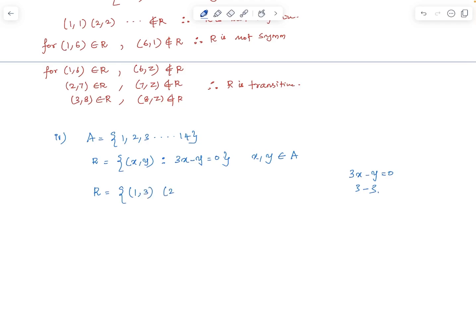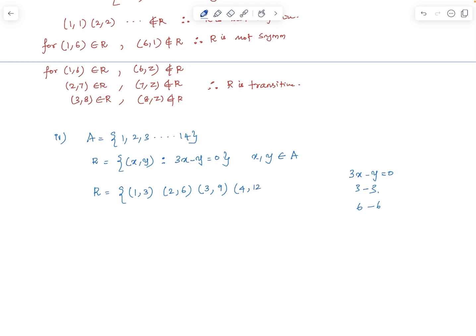If we take 2 for x, 3x is equal to 6. Y must take 6 to make this expression true. So the ordered pair is (2, 6). If we take 3 for x, 3x becomes 9. So y should take 9. If we take 4 for x, 3x will become 12. So y has to be 12.